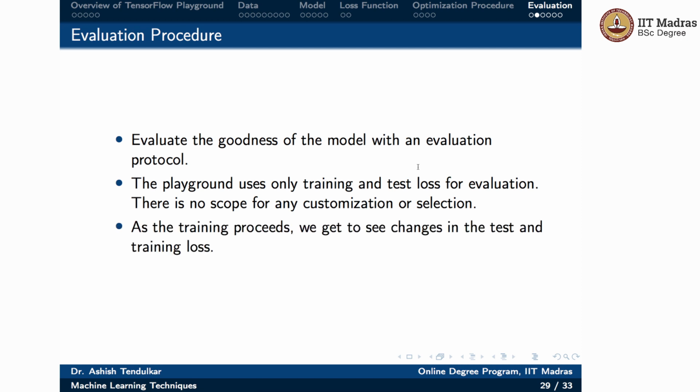As the training proceeds, we get to see changes in the test and training loss. Why? Because as the training proceeds, we get new weights, and because of new weights, we get different predictions that result in different losses. We have also studied this in the previous video while looking at the bigger picture of a machine learning component framework.